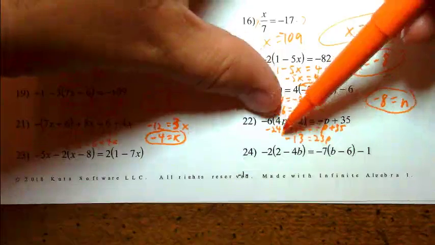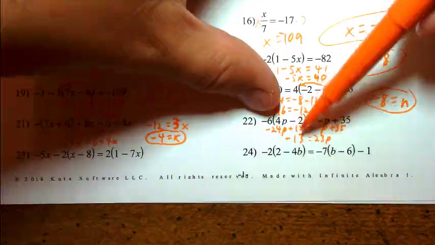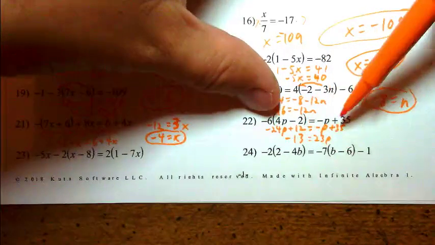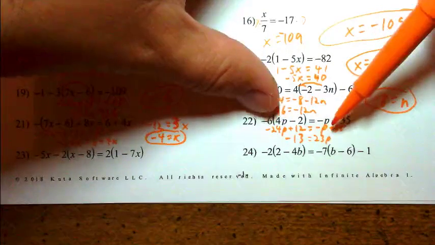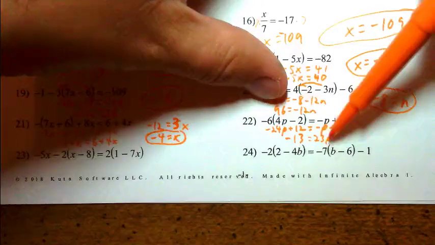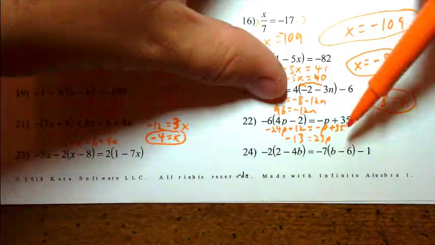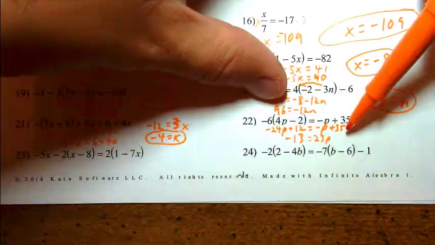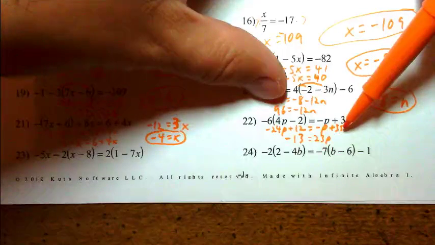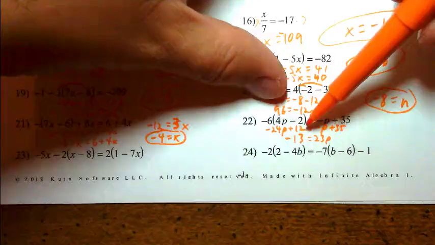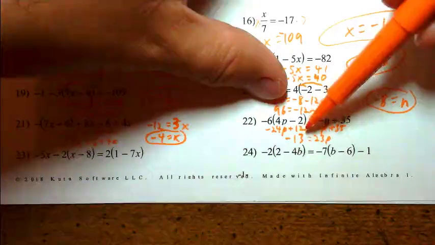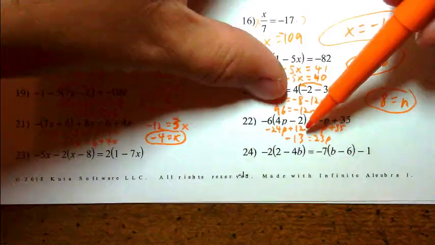Distribute negative 24. Distribute positive 12. So then we took that, we added 24 to this, and got 23p. We took the 35 and subtracted it. So 12 minus 35.